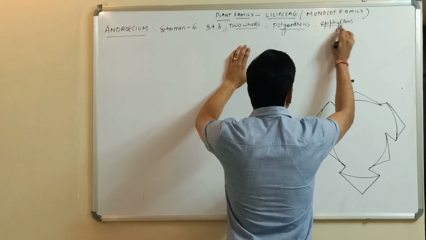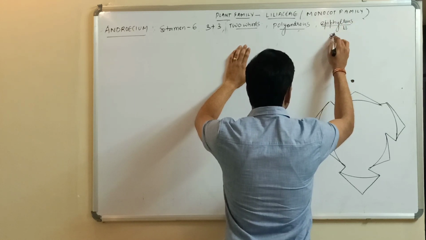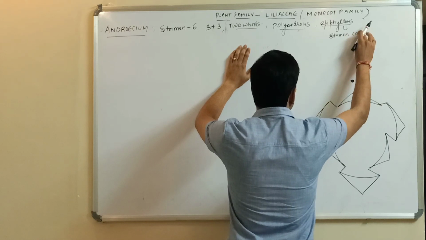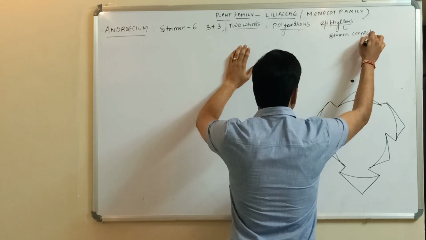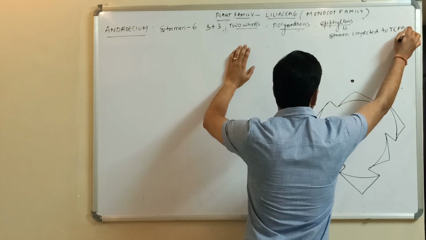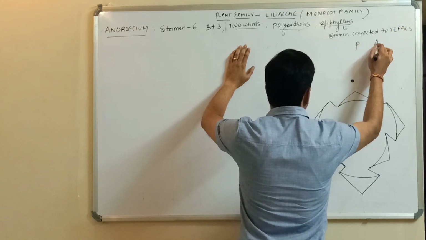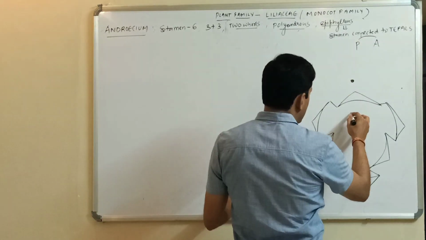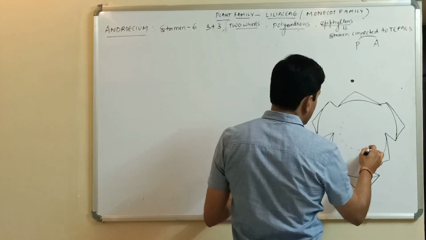Epiphyllous means stamens connected to tepals, like this we connect. Okay, so I am making the 6 stamens.